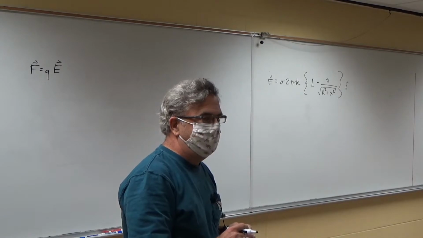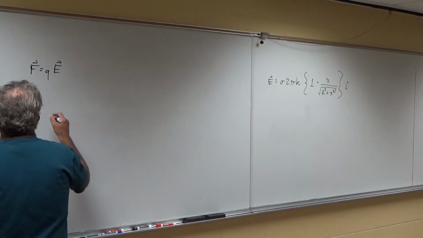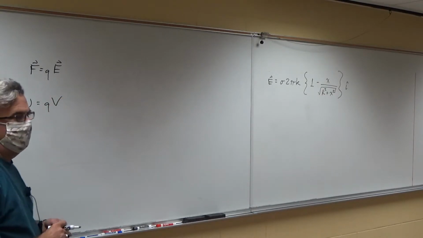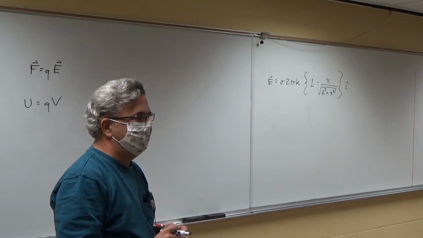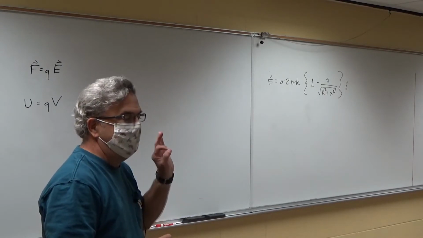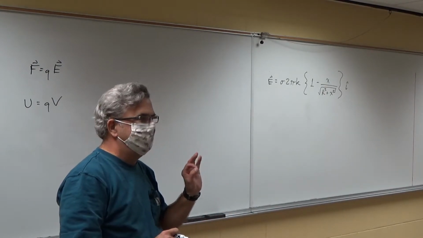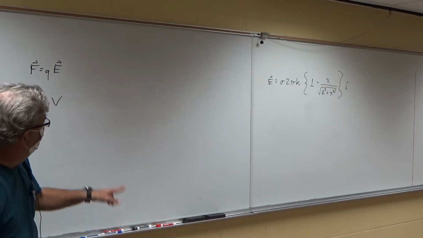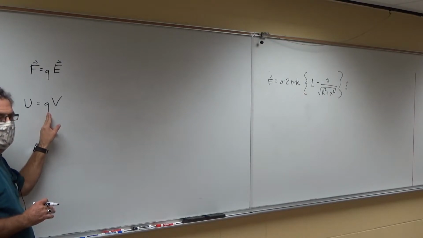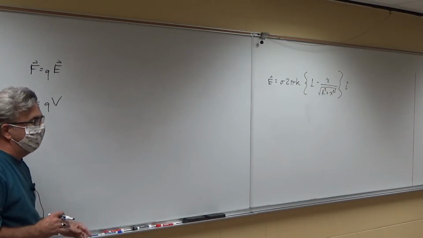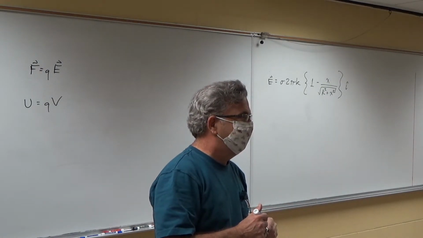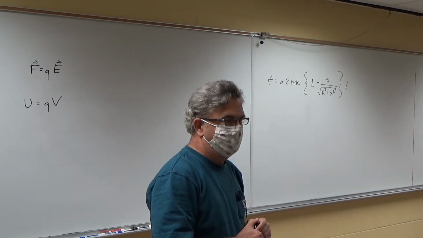This is the same idea with potential. The potential energy of a charge in a particular potential is just QV. The potential V does not depend on the charge we're placing there. We place some charge in that potential, and that gives you the potential energy of that charge with respect to infinity. Zero is out there at infinity, remember?